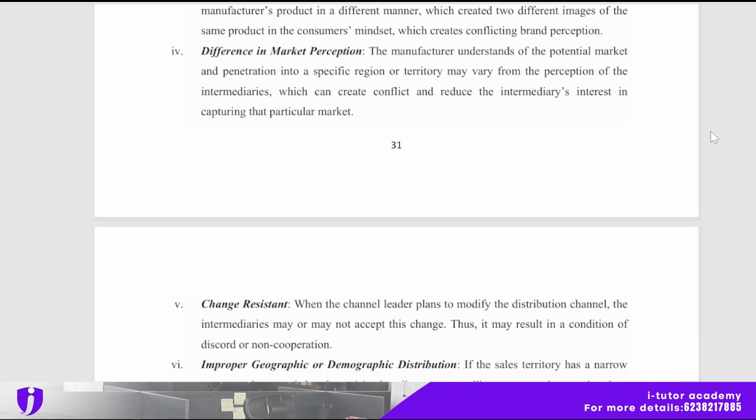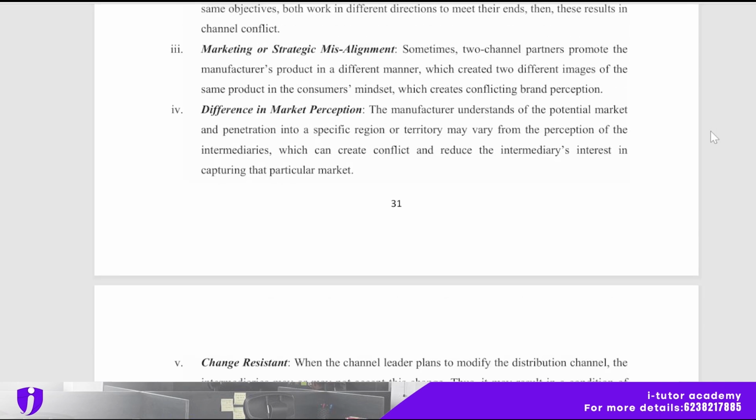And difference in market perception. The manufacturer's understanding of the potential market, and penetration into a specific region or territory may vary from the perception of the intermediaries, which can create conflict and reduce the intermediary's interest in capturing that particular market.